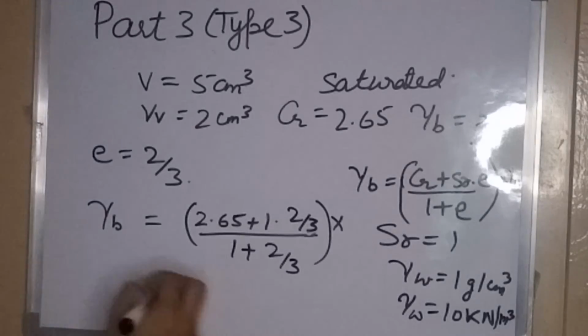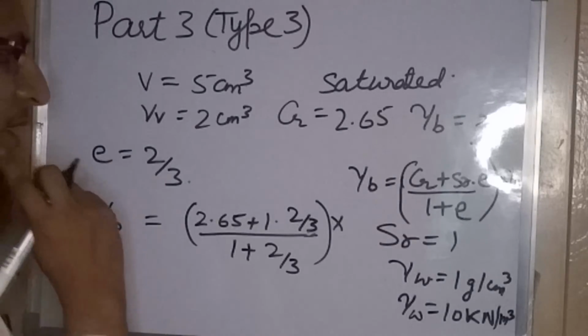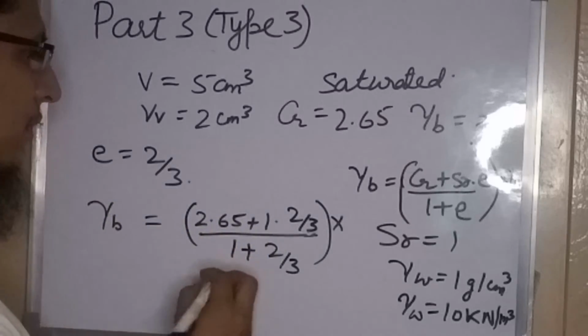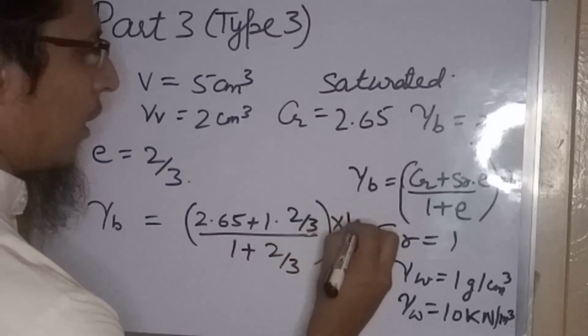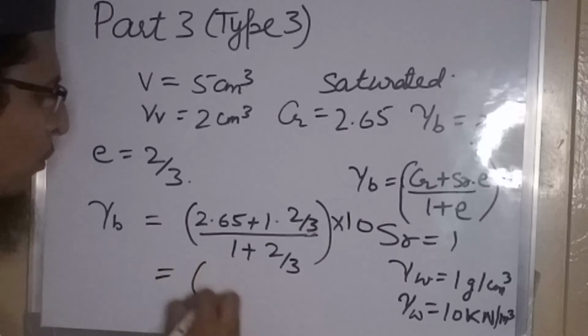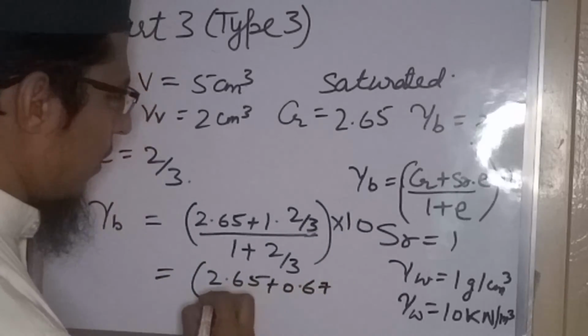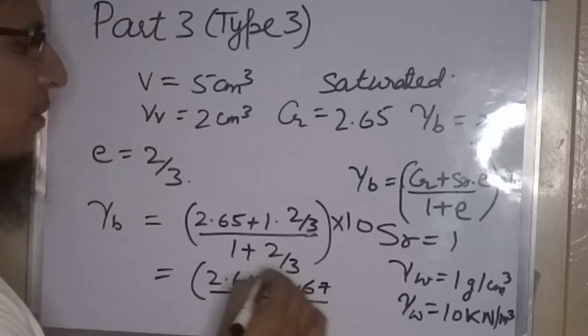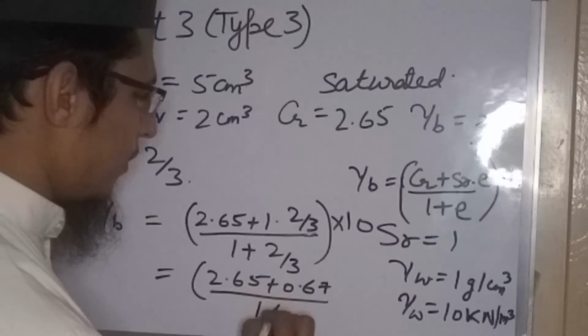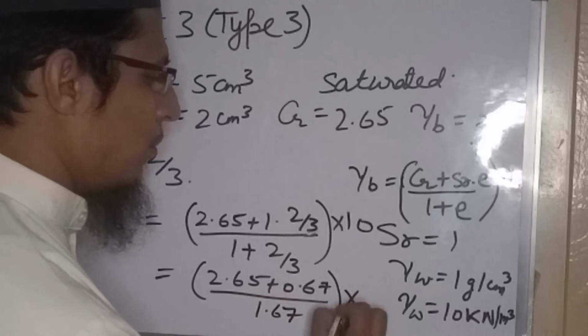So 2 by 3 is around 0.67. If we are using 10 here, then we can write it as (2.65 plus 0.67) upon (1 plus 0.67, that is 1.67) into 10.